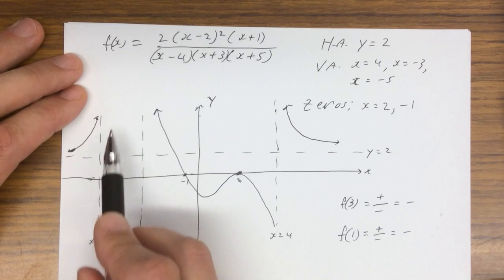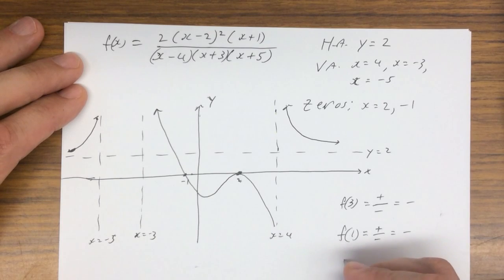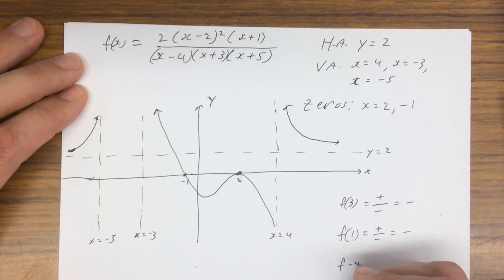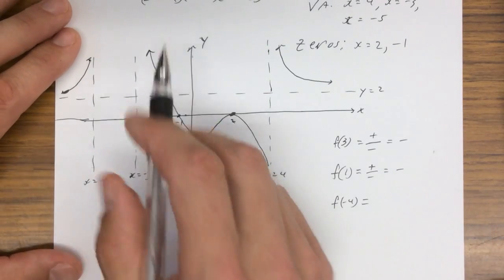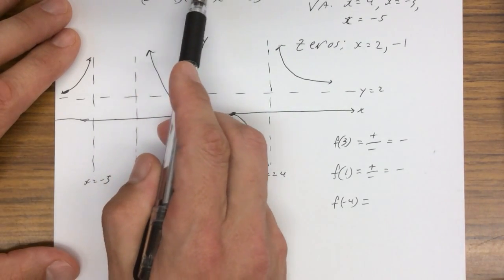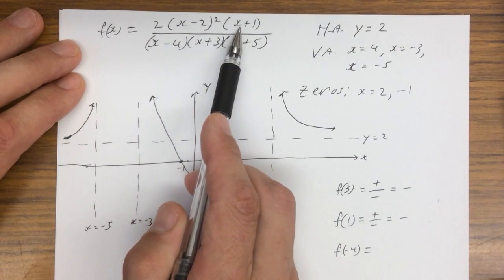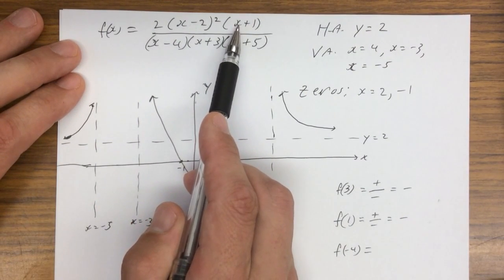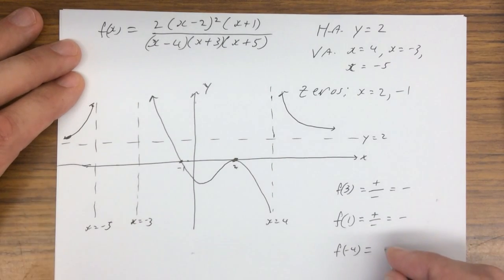Now all that's left is to figure out what's in here. So we're going to try a value in between here, between negative 3 and negative 5. Let's try f of negative 4. Okay, so f of negative 4, well, this is going to be positive always, this part here, but that's going to be negative. Okay, so the top of this one is going to be negative.